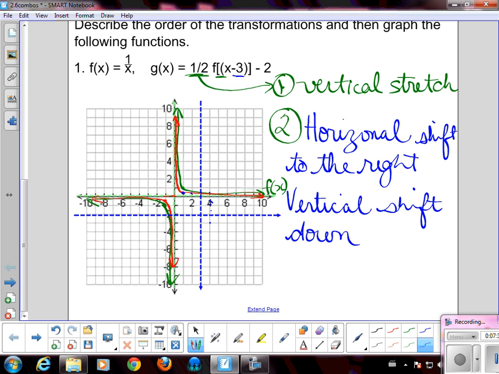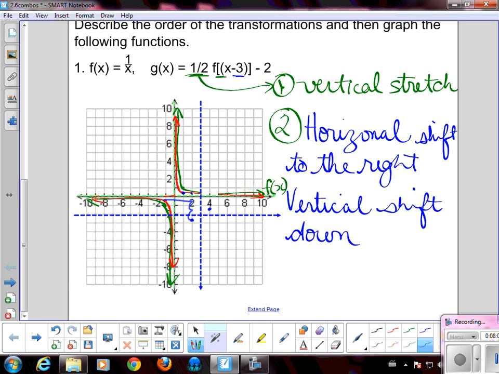Down 1, 2. Sorry, it's because it's at 1/2. Just going to get rid of some of that. So it's here. And then the other one, the same thing applies to it. We could actually take it and move it over 3, 1, 2, 3, and then down 2. So 1, 2. So we're going to put a point there.